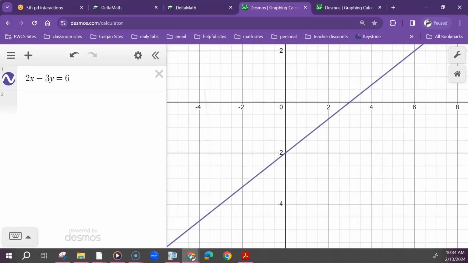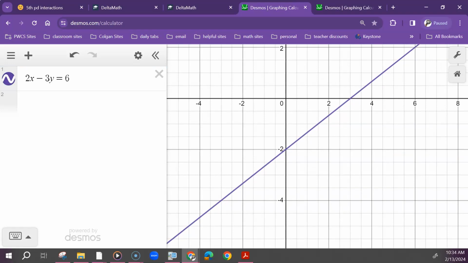Okay, so if I graph this line, I can count my slope. But I can see that my slope is 2/3. So if I were to take that slope and flip it, that would be negative 3/2.